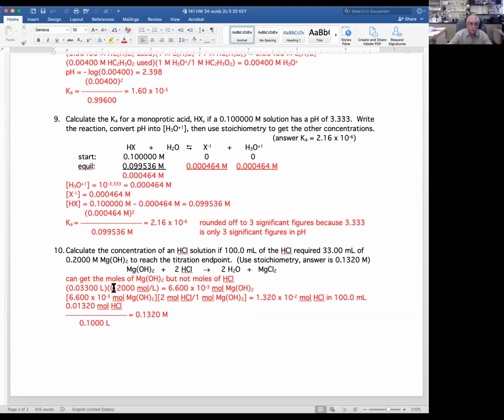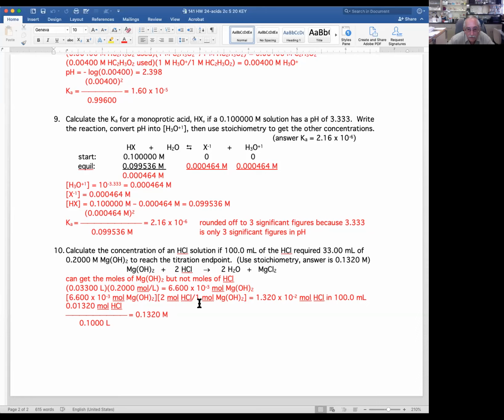0.033 liters, 0.2 moles per liter gives me that many moles of magnesium hydroxide. Then I use stoichiometry to convert moles of the base into moles of the acid. So I did that. Here's the moles of the base, and I got 2 moles of HCl for every 1 mole of magnesium hydroxide.